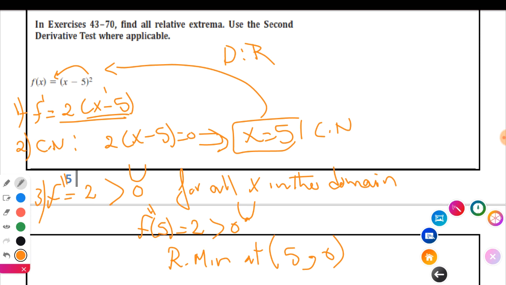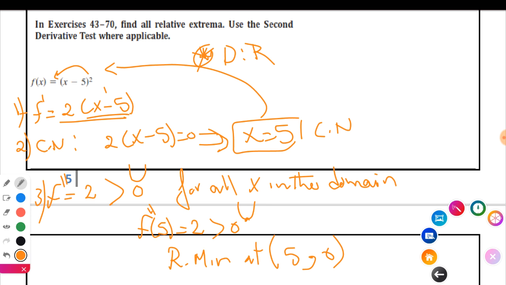Again, the first step, find the domain. Sorry, this one I have to do before I begin to solve, before I begin the steps. First step, find the derivative, find the critical number. The critical number must be in the domain. Then replace in the second derivative. But here, when I find the second derivative, it is a constant.